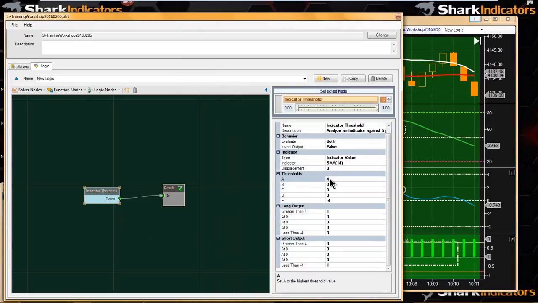If your indicator gives a 2, then the output from the solver is going to be 0.5. So you're going to be converting everything into a fraction when you're doing your math, because BloodHound's output only goes to 1 or 100%.